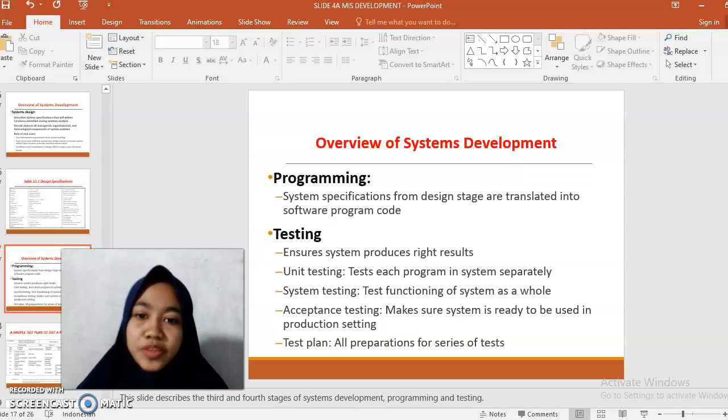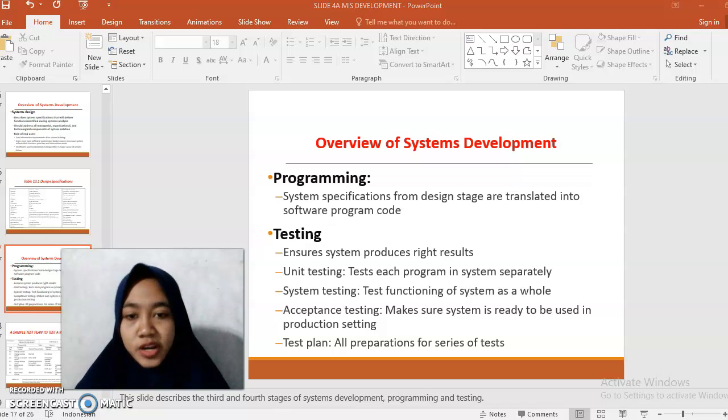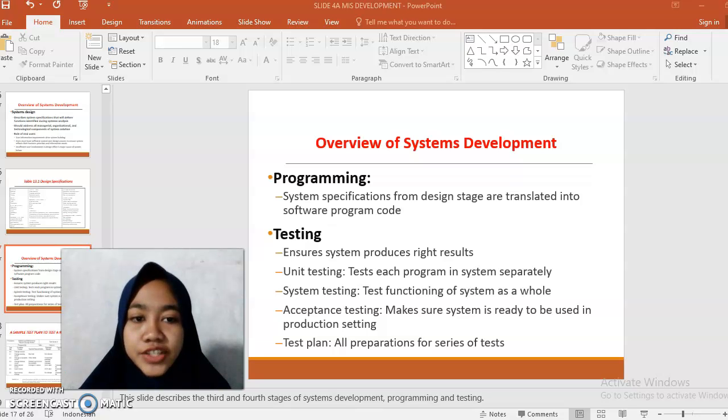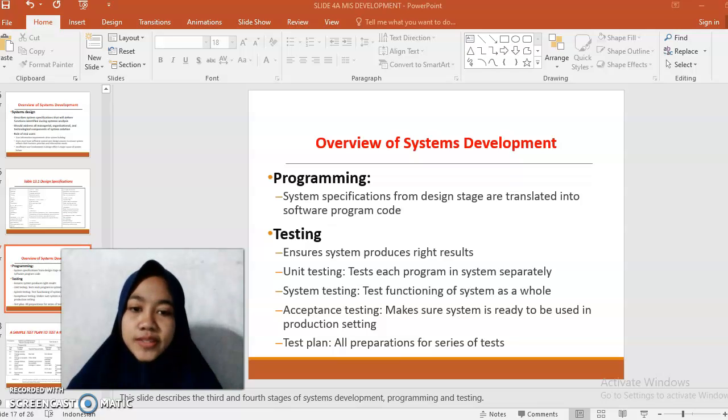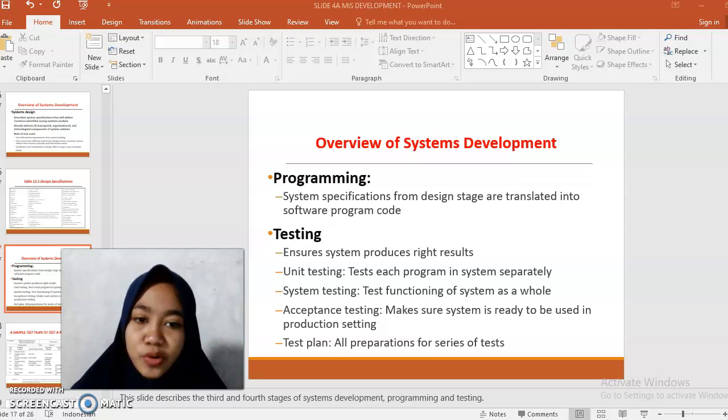Overview of system development. Programming: system specifications from the design stage are translated into software program code. Testing ensures the system produces the right results. Unit testing tests each program in the system separately.